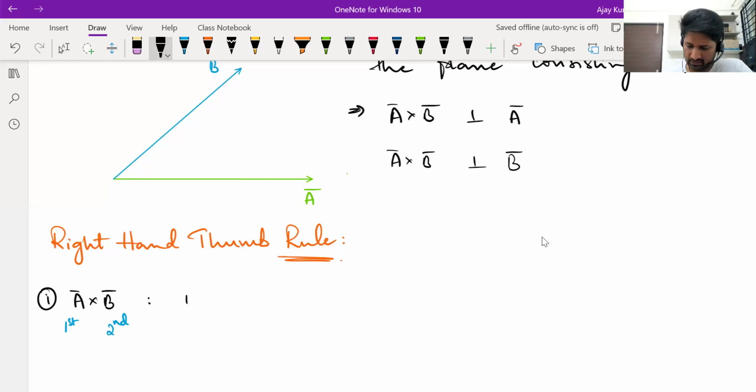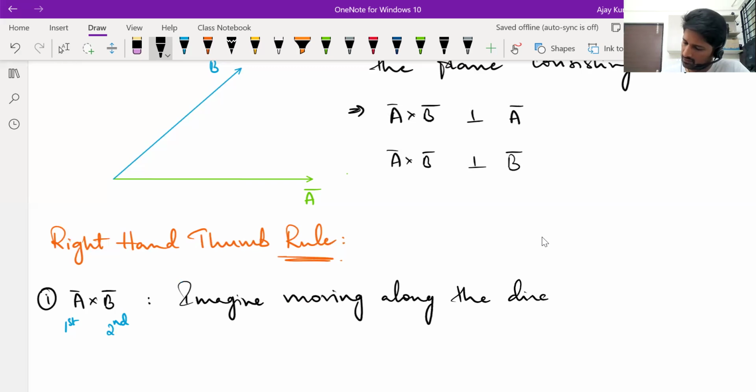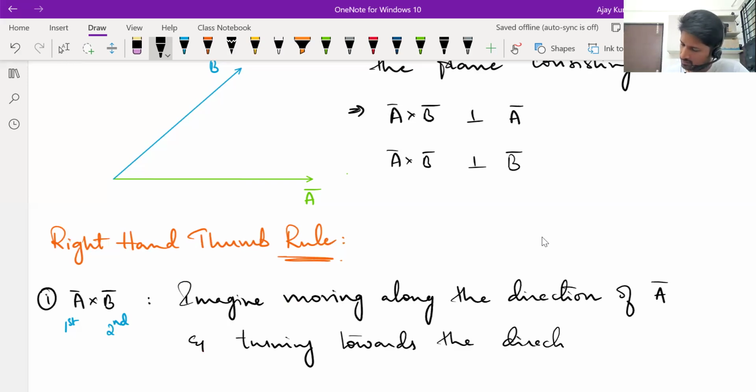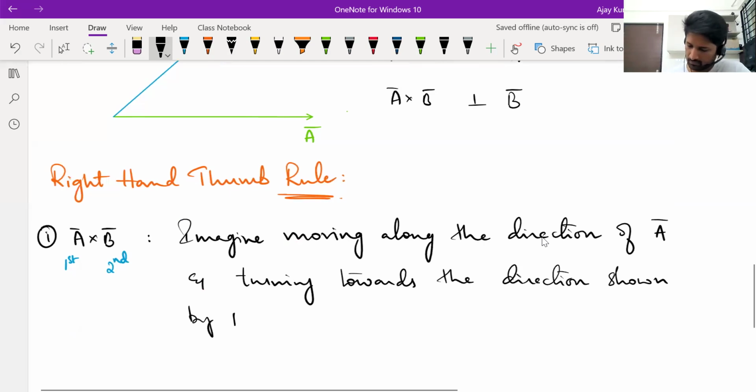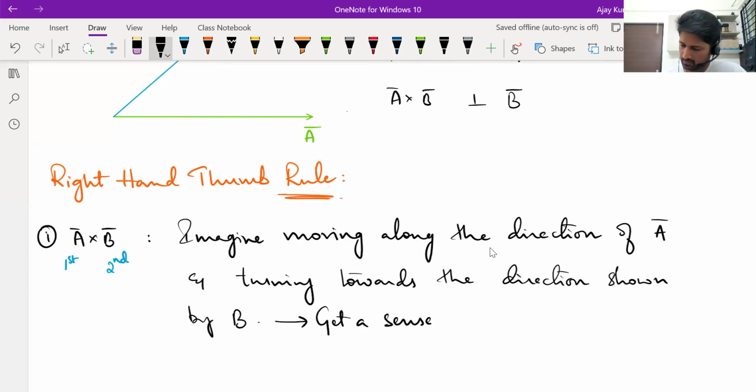You have to imagine something like this. Imagine moving along the direction of A and turning towards the direction shown by B. So basically, if you move in the direction of the first vector and then turn in the direction of the second vector, you will get a sense of rotation, or a sense of turning.